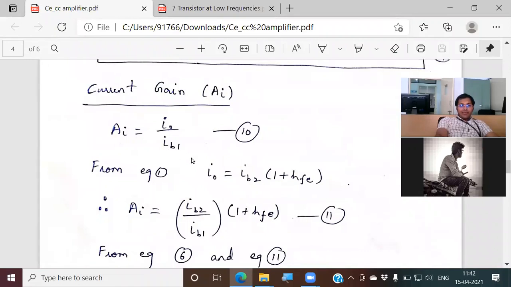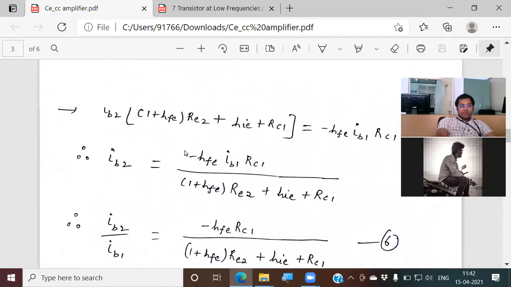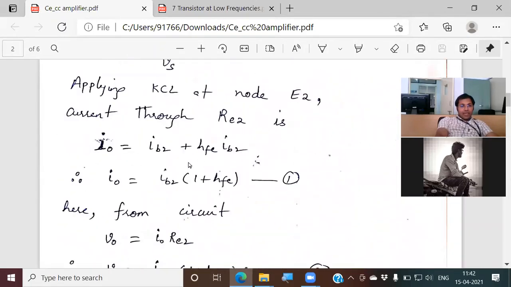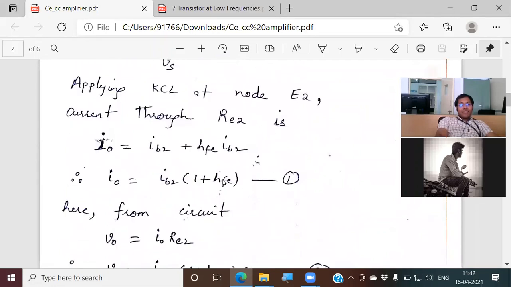Now let us get the expression for I naught. When I was deriving voltage gain, I already found the expression for I naught. Let me not repeat it. Let me directly take that equation.